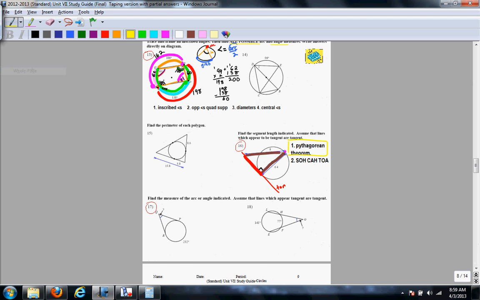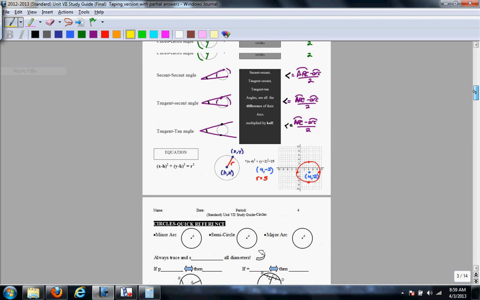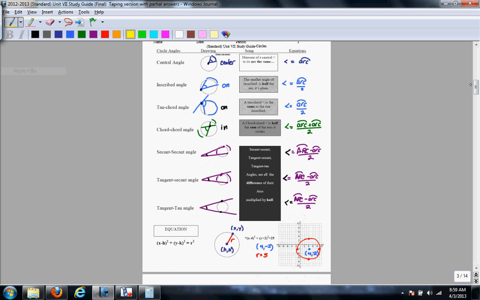Okay, for problems like 17 and 18, this is where it's really critical, absolutely essential, that you have all seven angles, what they look like, how they can be drawn, and their corresponding equations memorized.